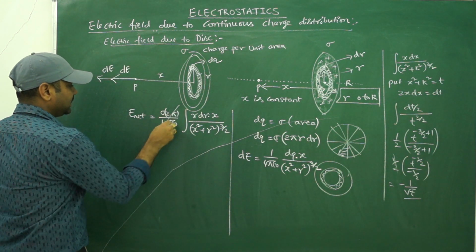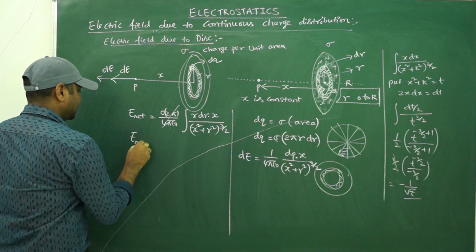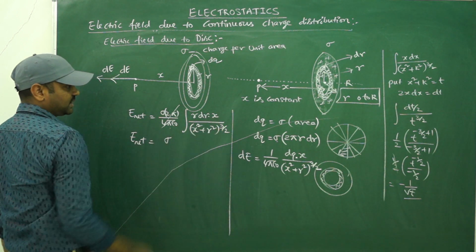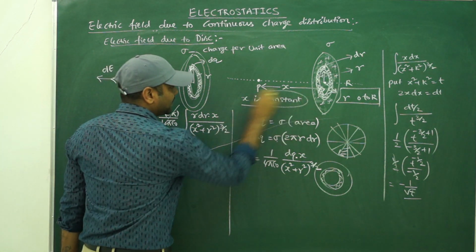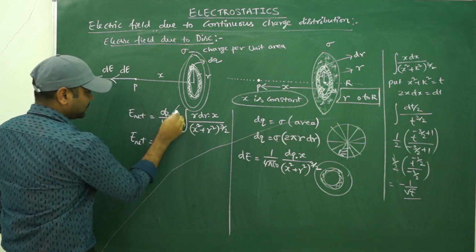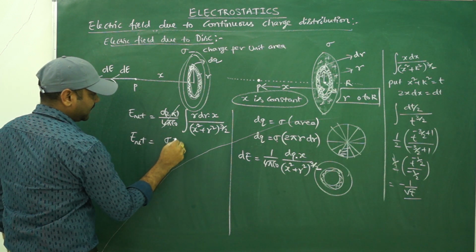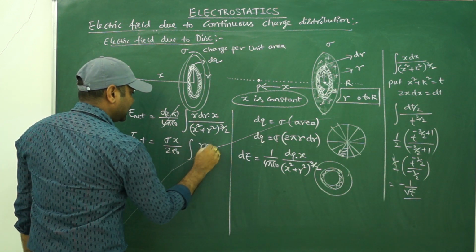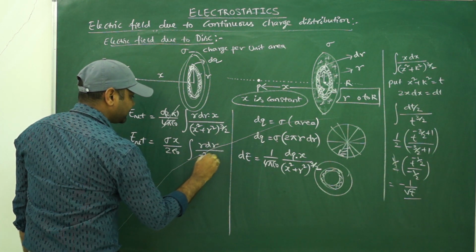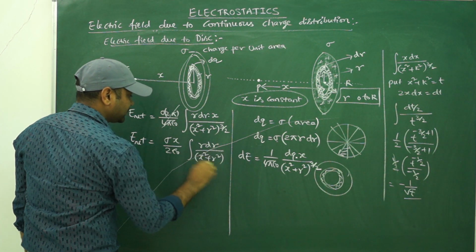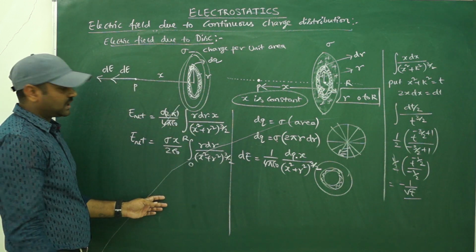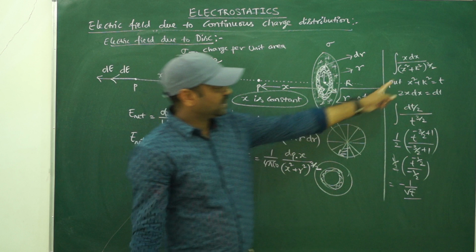Then net electric field is equal to sigma into x. X is not a variable, I told you. X is constant here. Even I wrote x is constant. So 2 pi and 4 pi you will get 2, and x will come out, by 2 epsilon naught. Then integral r dr by r square plus x square raised to 3 by 2, obviously with limits from 0 to R.